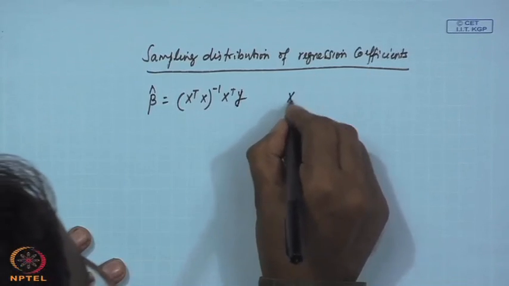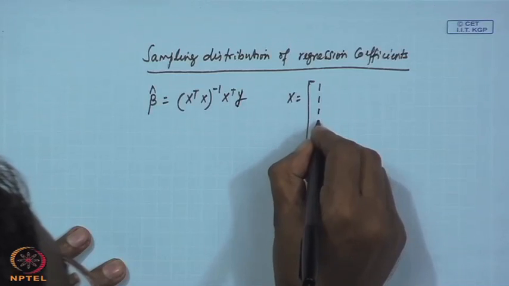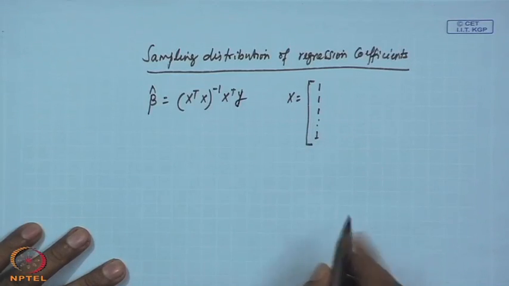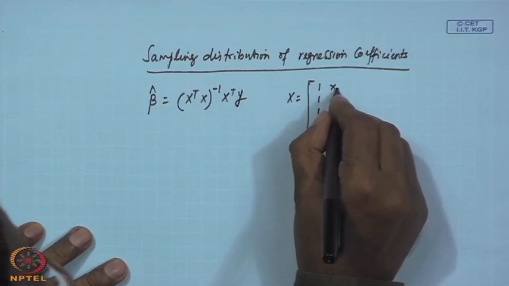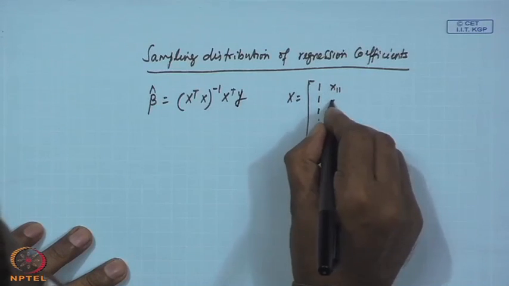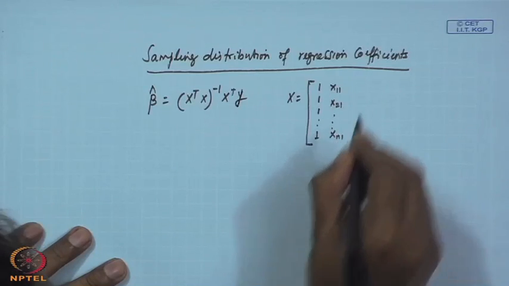where x is the design matrix, first column is all 1, second column will be the first variable data x11, x21, then xn1.